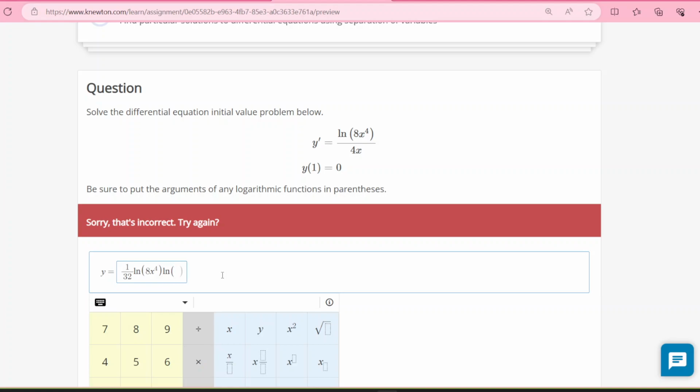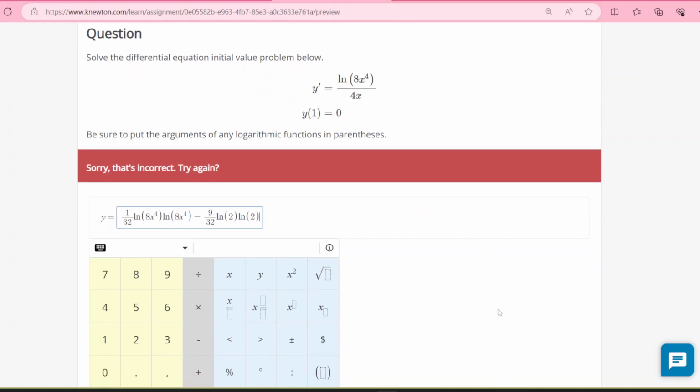Maybe if I just type it twice to avoid any confusion. So natural log of 8x to the fourth times itself. And then minus 9/32. And then we had natural log of 2 squared, so I'll do natural log of 2 times the natural log of 2 again. Let's see if that works out.